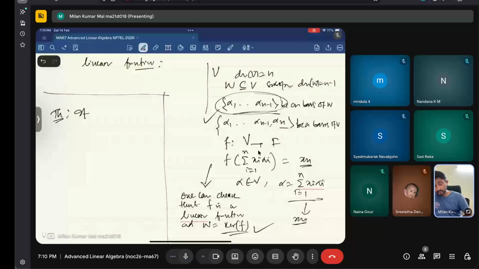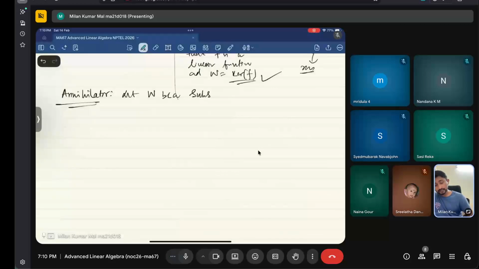Let W be a subset. We can take a subspace also. I'm taking a subset of V, so the subspace case is also true. But before that, I need to say another thing also.